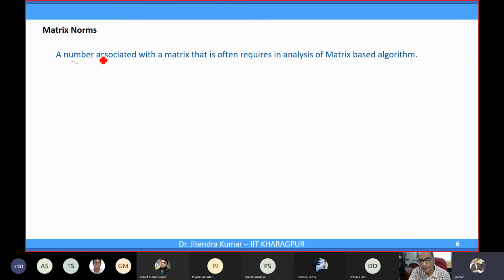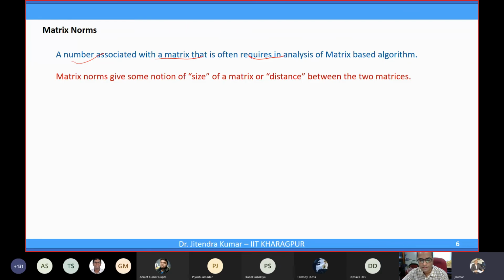It is a number associated with the matrix that is often required in the analysis of matrix-based algorithms, and it gives some notion of the size of the matrix or the distance between two matrices. If I give you two matrices, how will you decide that they are the same matrix? You need at least one number which can tell you that they are close to each other, and so on.